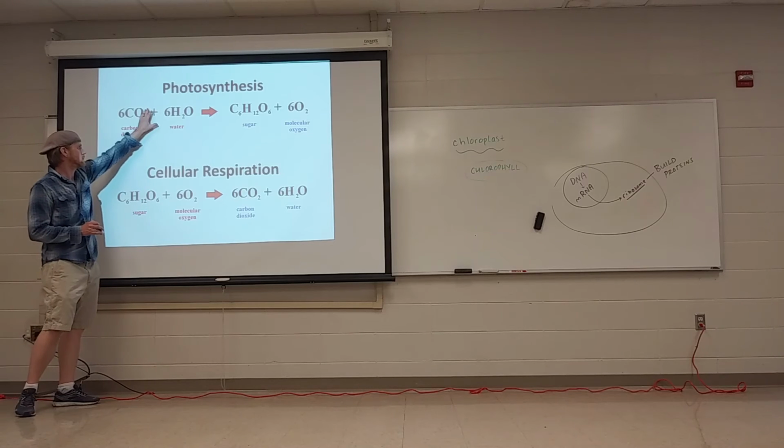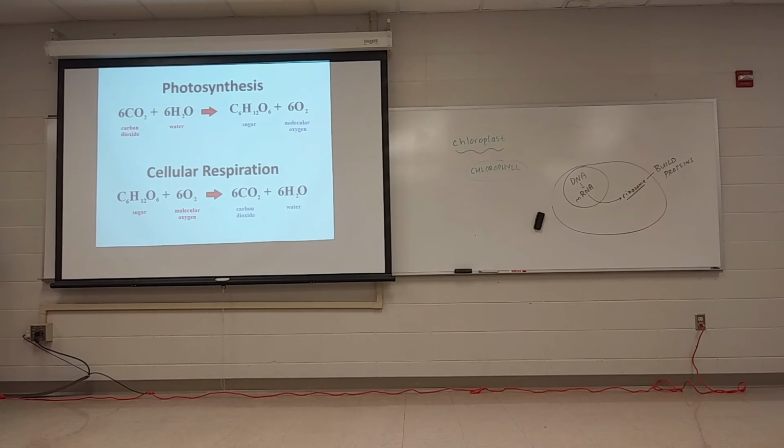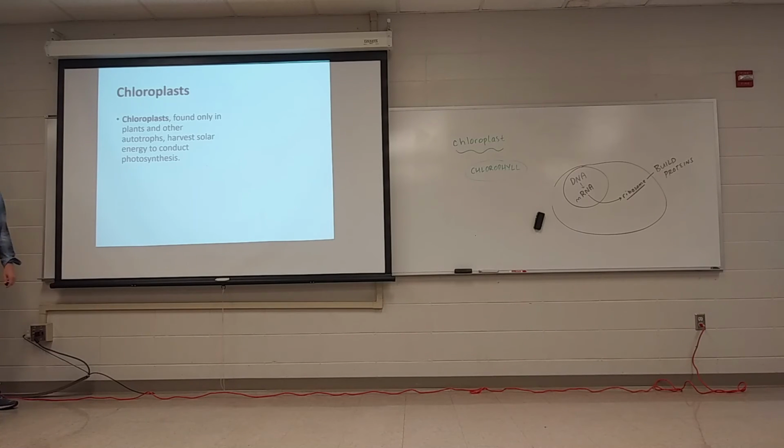But these two chemical reactions are occurring in animals and in plants, and they require specialized organelles to carry them out. Starting with photosynthesis, that process requires, generally, chloroplasts. There are some photosynthetic bacteria that have other methods, but generally you need a chloroplast. Chloroplasts are found only in things that can use the sun to produce their own food.